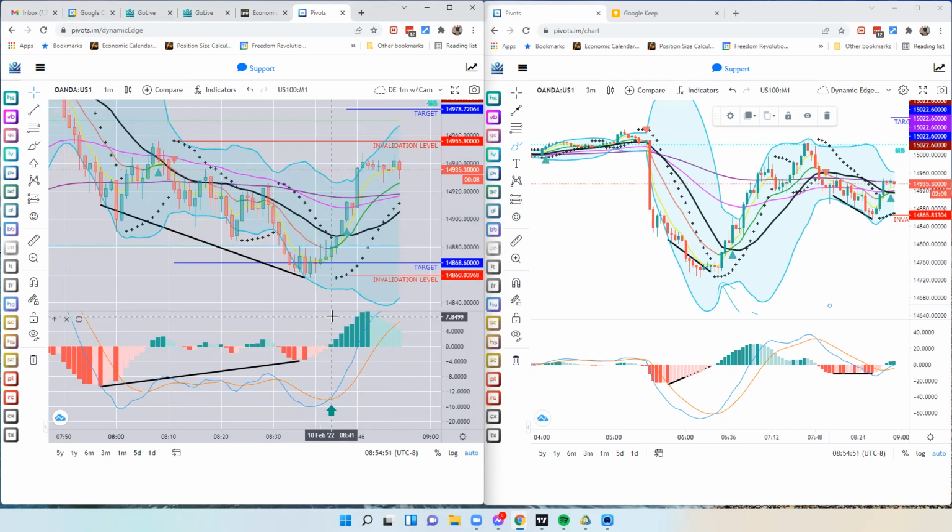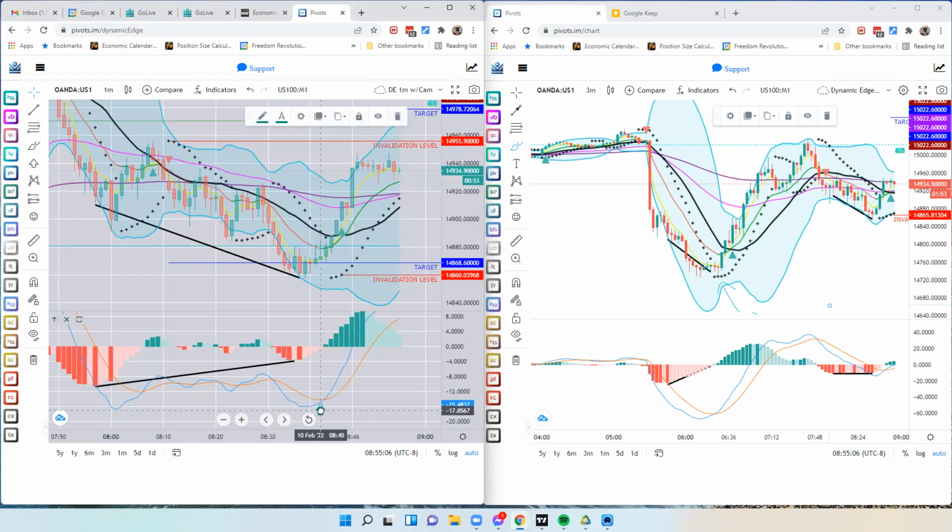So what I do next is I'm paying attention to the blue and the orange lines below the histogram. As the histogram goes from dark red to pink, we know that it's changing its direction.